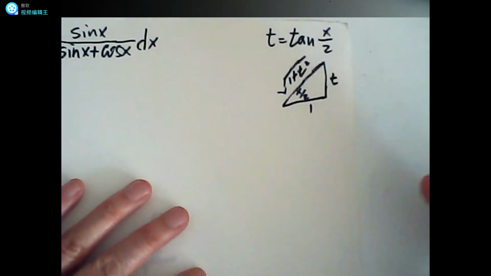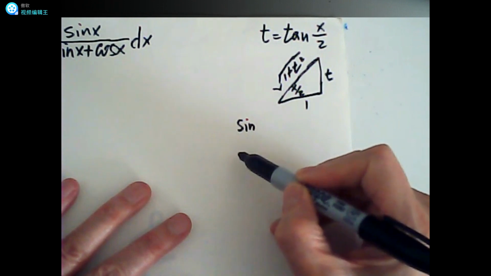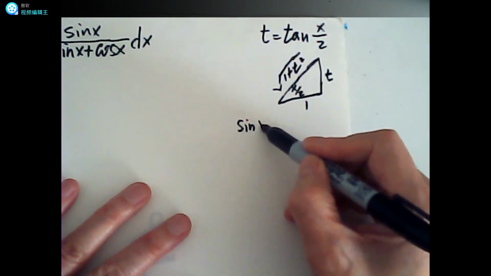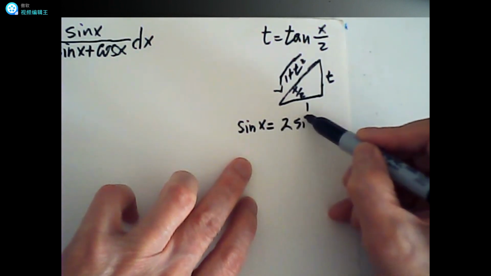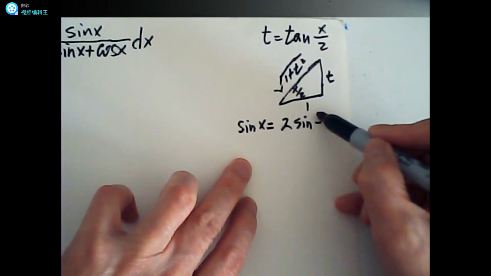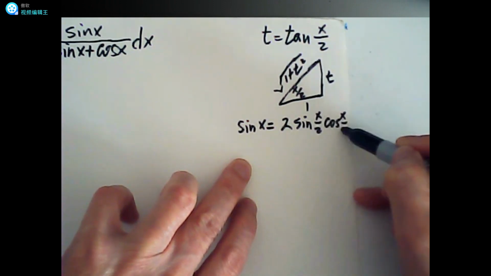Okay, then we can find sine and cosine. Sine x is equal to twice sine half x, and cosine half x.